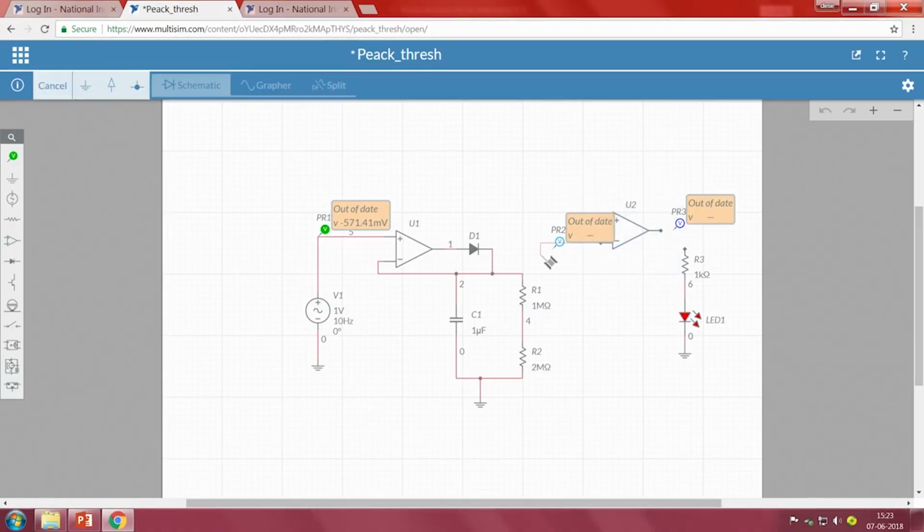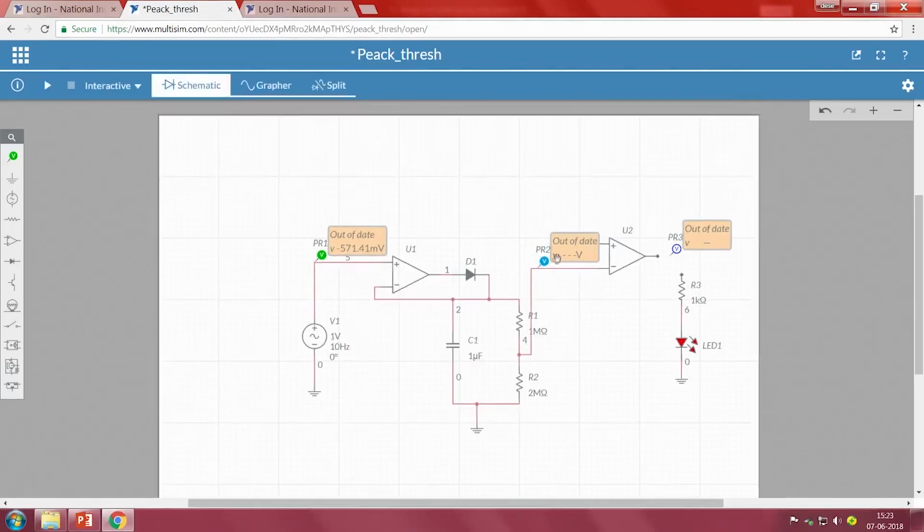This particular terminal should be connected to here and this is here, and this particular terminal should be connected here, right, that is the input, and here I am going to measure the threshold value. Okay. Now let me run it.